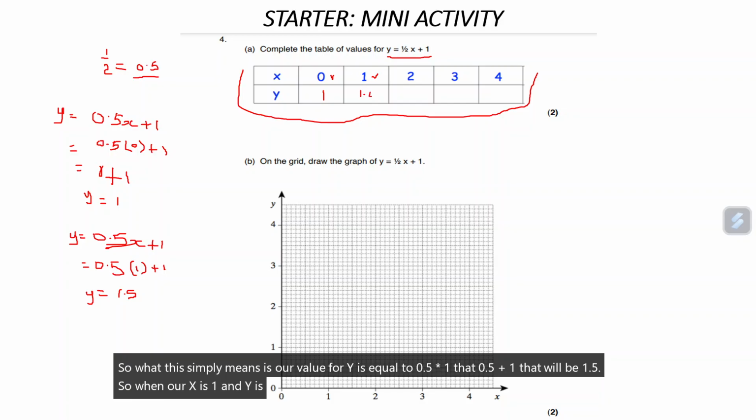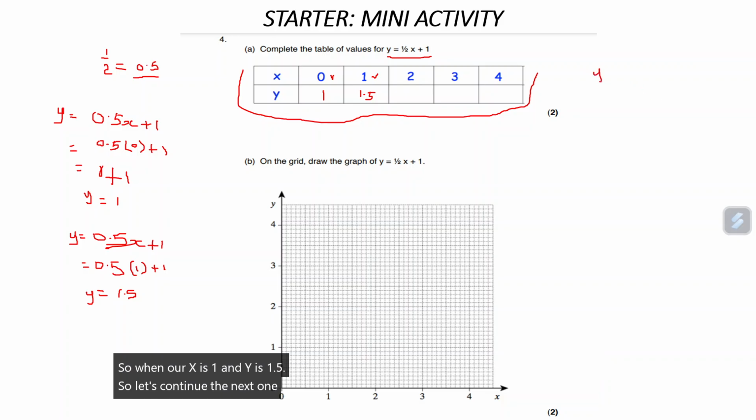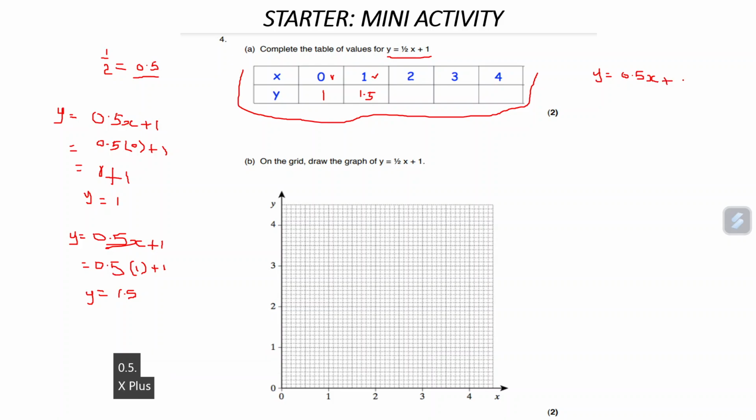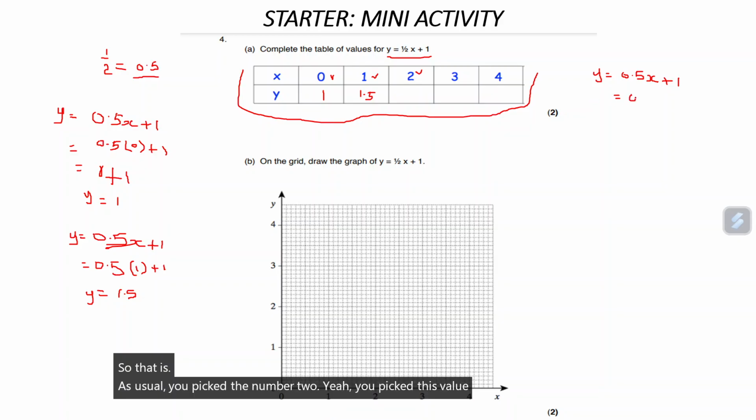So when our x is 1, our y is 1.5. Let's continue. The next one is when y is equal to 0.5x plus 1. As usual, you pick the number 2 here, you pick this value and place it in your x.